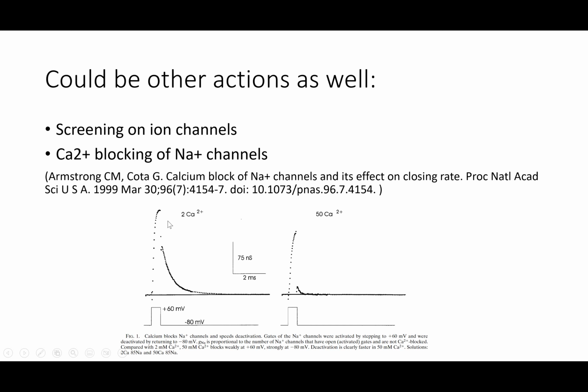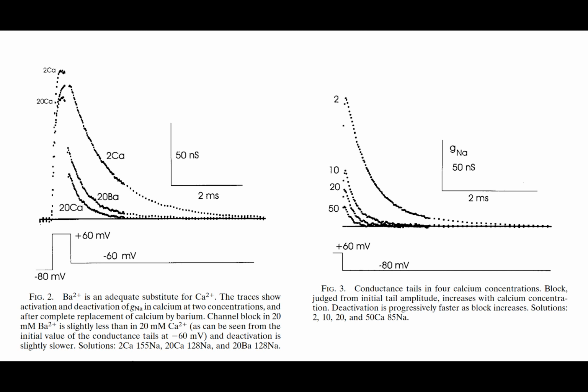So if we had zinc and it was blocking the calcium current, channels, that might have an impact on the shape of the action potential, because it might be doing the same thing as altering the sodium channel. Okay. Pay attention here. These are the same concentrations, calcium and barium.